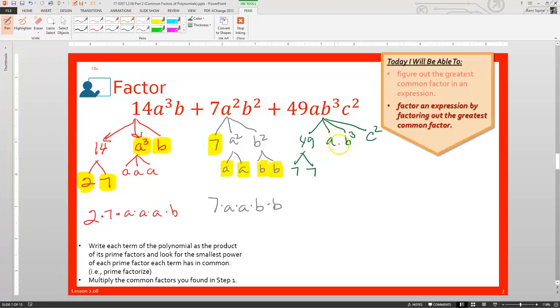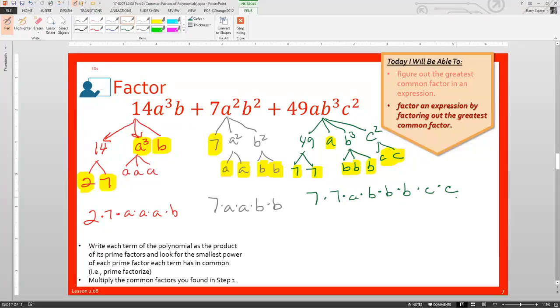A is still just going to be A. B cubed is going to be B times B times B. And C squared is C times C. So we might write this out as 7, because these are all prime factors, times A times B times B times B times C times C.